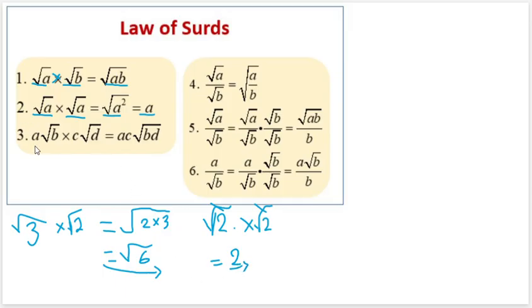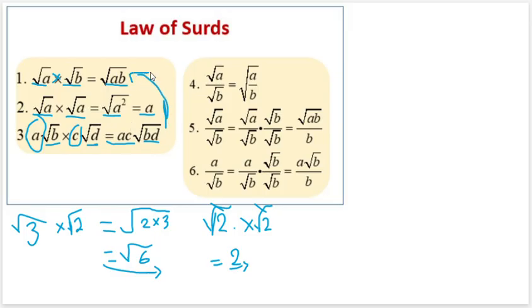Now law 3 is telling us that if there are numbers in front of the roots and multiplication is happening, you take both the numbers in front and multiply them, plus you also take the numbers inside the roots and multiply them together.